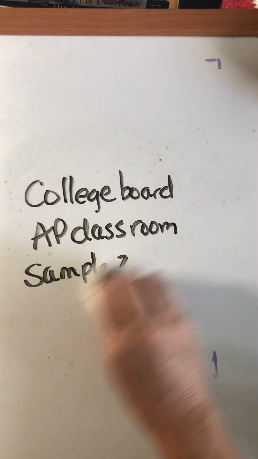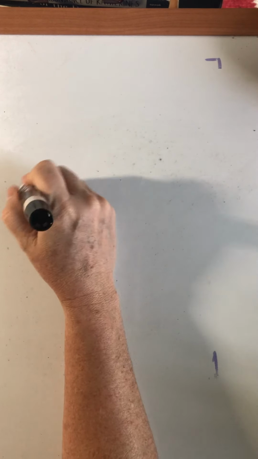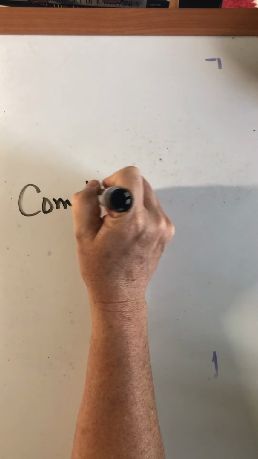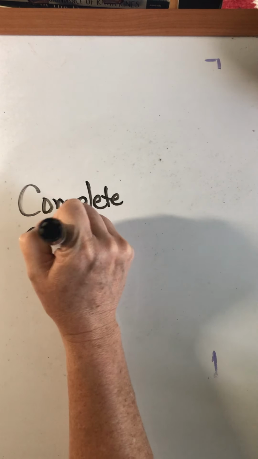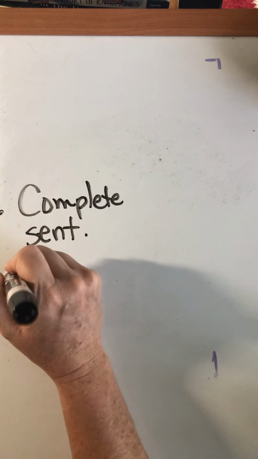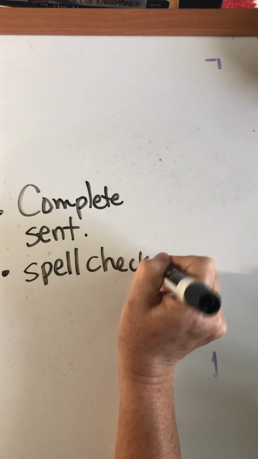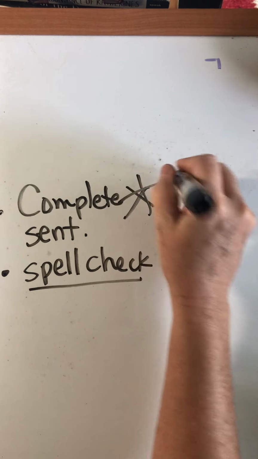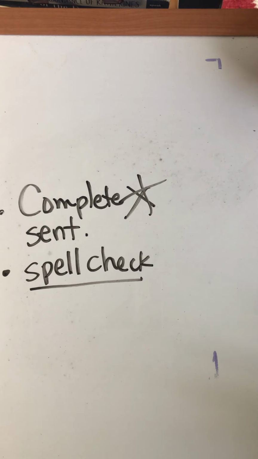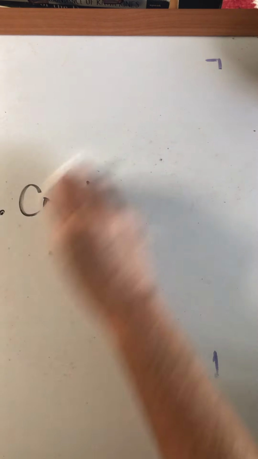Okay, remember you're writing in complete sentences, but that's it. Okay, it's complete sentences. And if you have the chance, do the spell check. But that's not as important as the content. Okay, so you need to be prepared for that part.